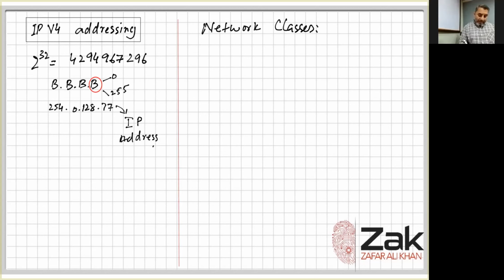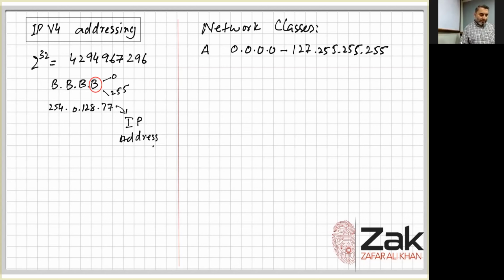So we have class A, whose IP range is from 0.0.0.0 to 127.255.255.255.